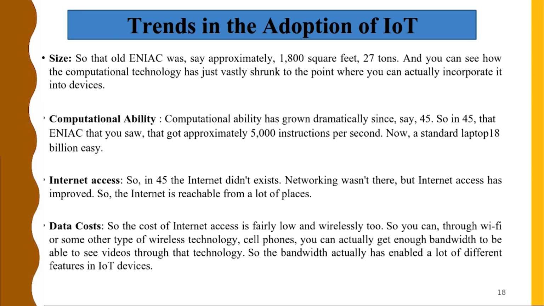Data cost is reduced to such an extent that we all can have access to data, and we are making all the different things at our place connected to the network because data is available at less cost. We have internet access and data is available at less cost. These two are linked to network connectivity.